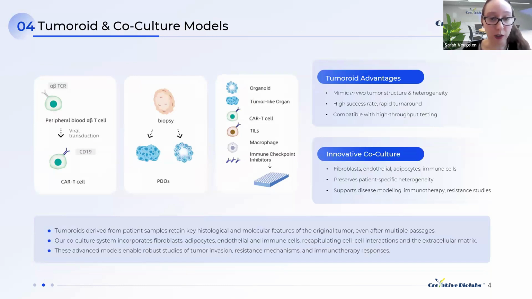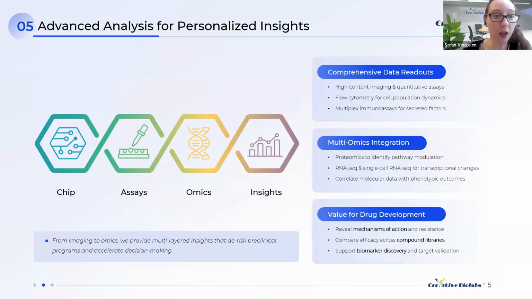This allows us to preserve the patient-specific heterogeneity as well as the different cell types that are present in these tumors, including, for example, fibroblasts, endothelia, adipocytes, or immune cells. Therefore, they can be used to support disease modeling as well as immunotherapy and resistance studies. Overall, these tumor models can provide advanced insights into tumor biology.